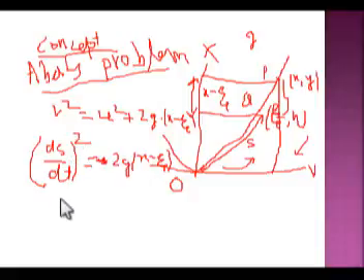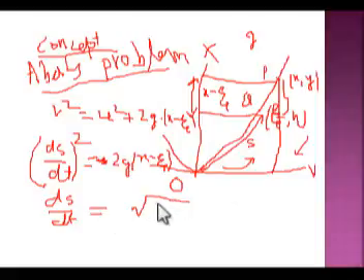Then ds by dt, which is the velocity v at the point Q, is root over 2g(x minus xi).